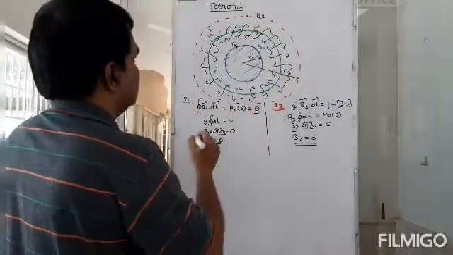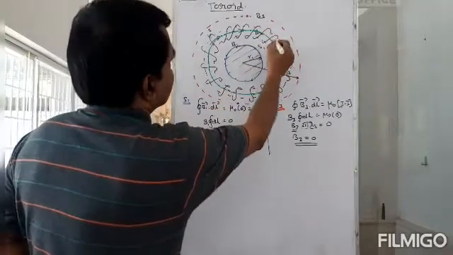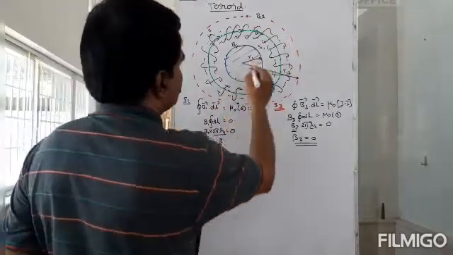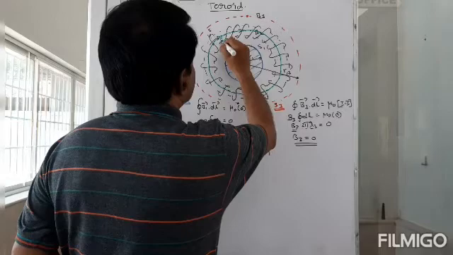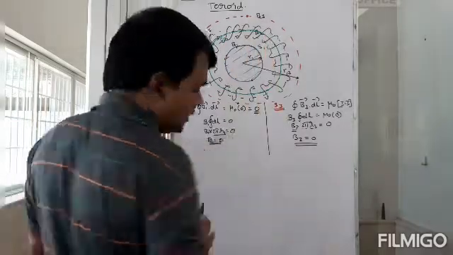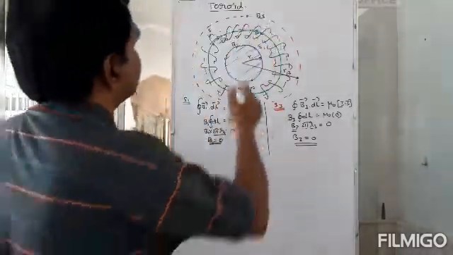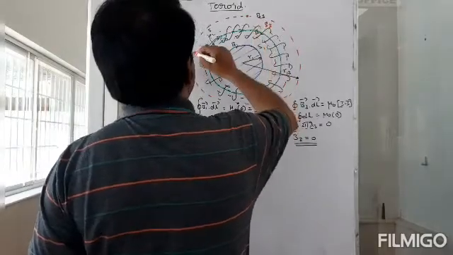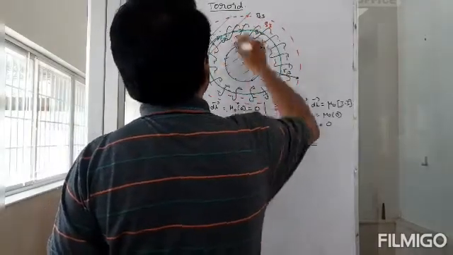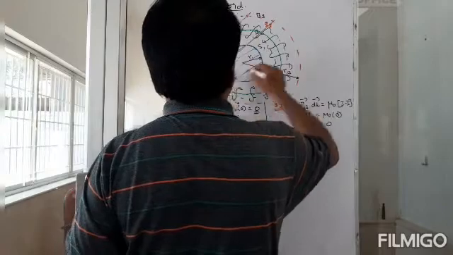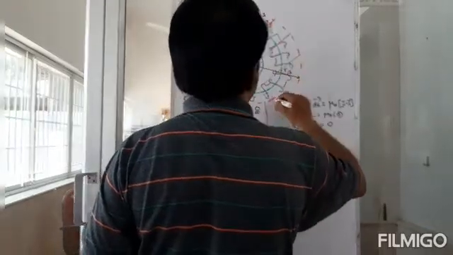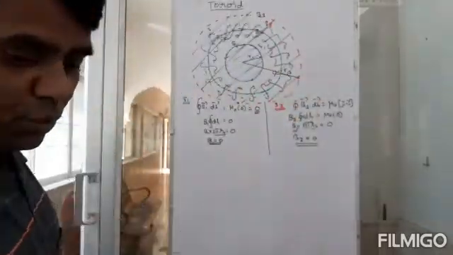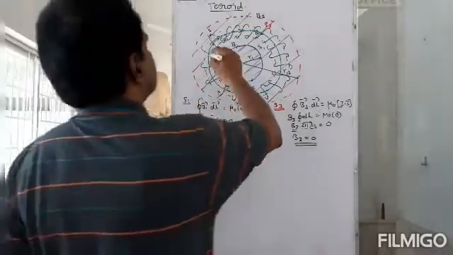For this also, I take this, that is S1, and this must be S2, and that was S3. This was S3, right? But now I am focusing only on S2.